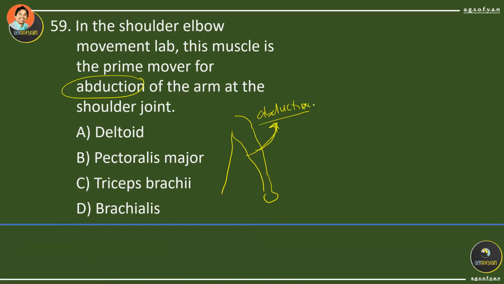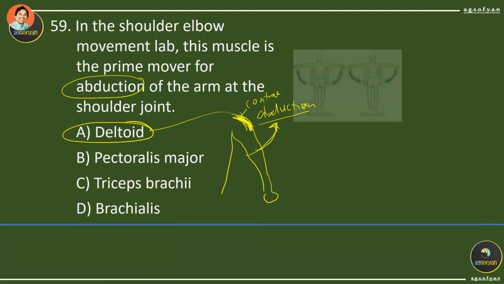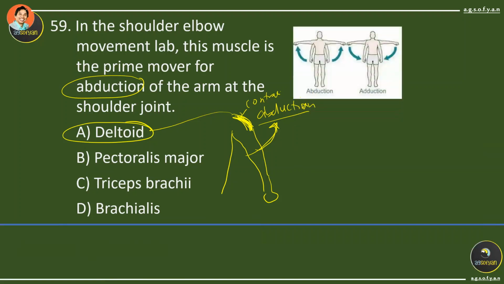Just remember, when someone abducts a child, it means they take the child away. The muscle that performs this abduction is the muscle here on the shoulder, which is the deltoid muscle.